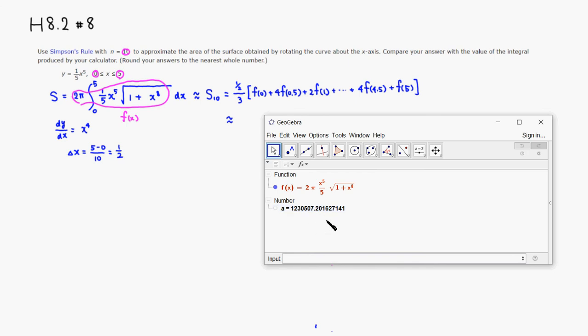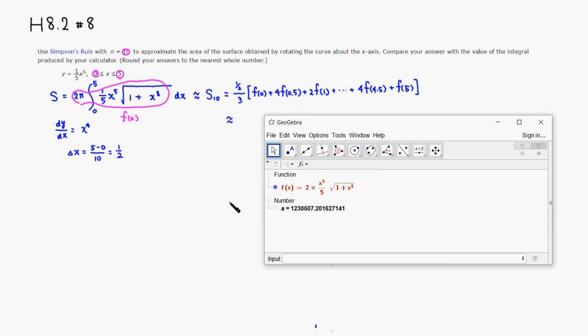So we got this value. It's a really big number, and we need to round to the nearest whole number. So it's going to be 1230507. Let's type it in.